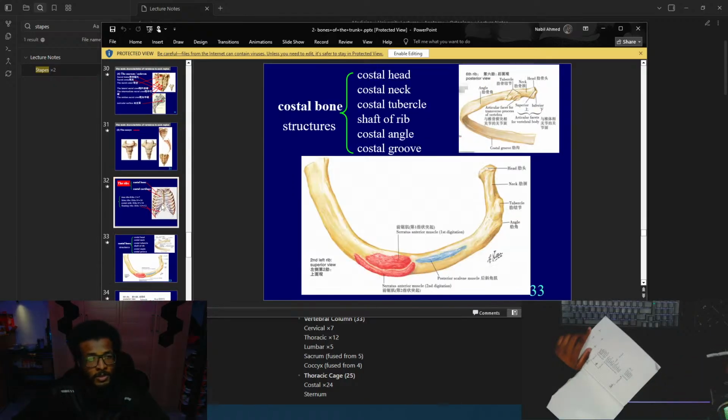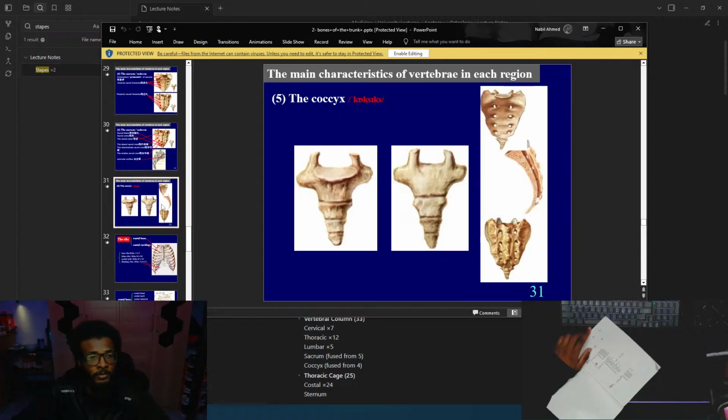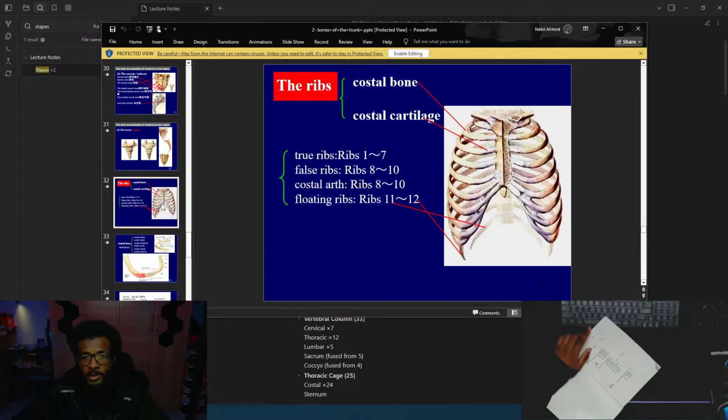Now for the ribs, for the thoracic cage, you've got the sternum, and then you've got the costals.